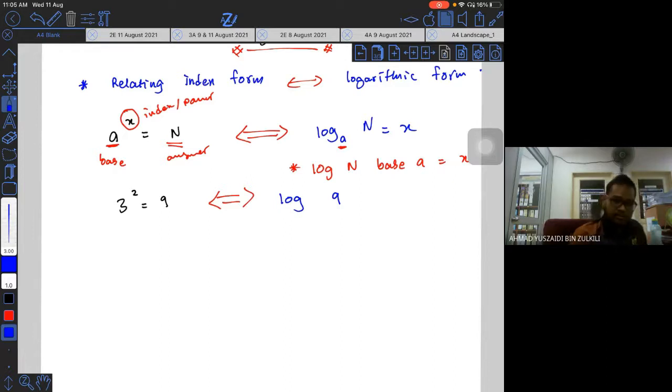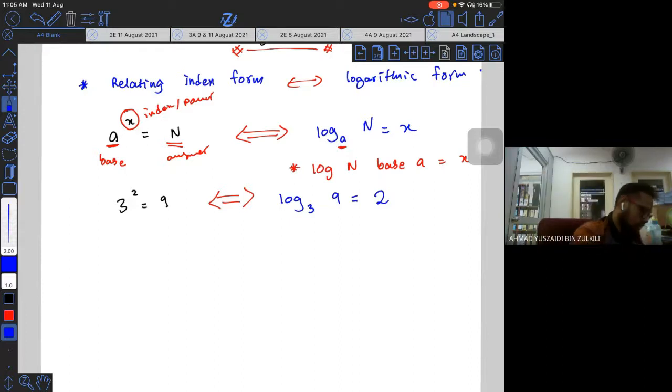What is the base? 3. And x? x equal to the index, 2. Okay, so this is how you wrote it. Log 9 base 3 equal to 2. Okay.